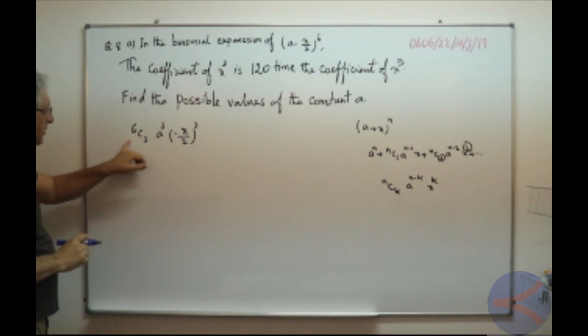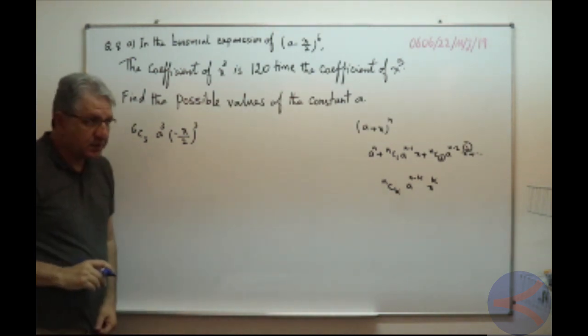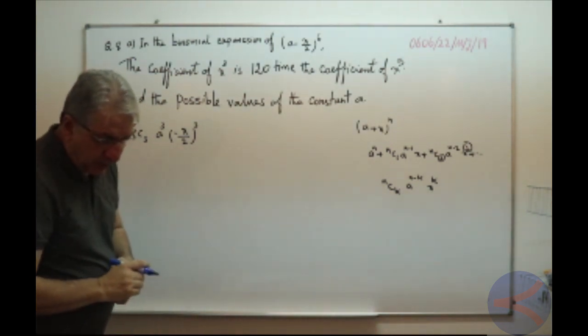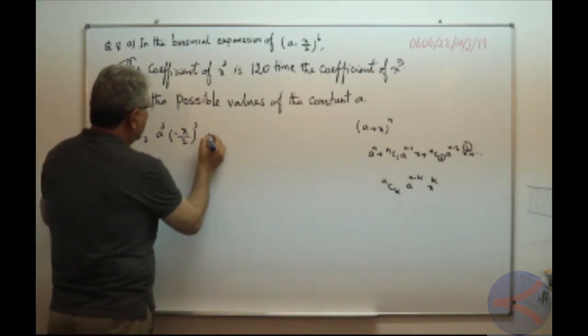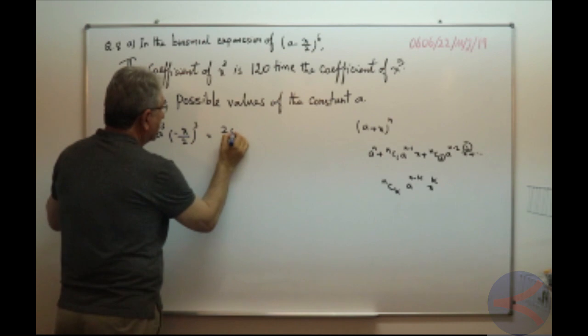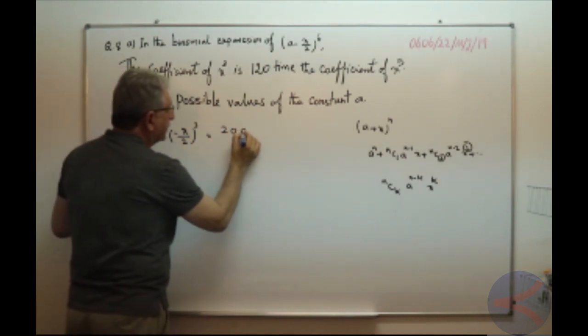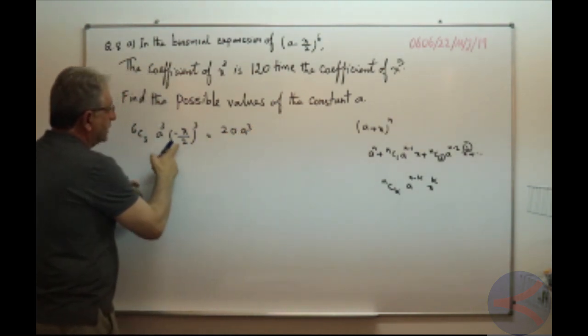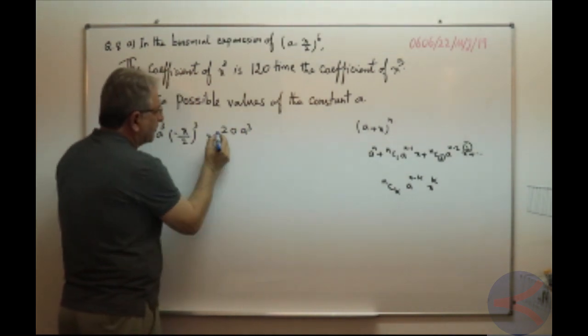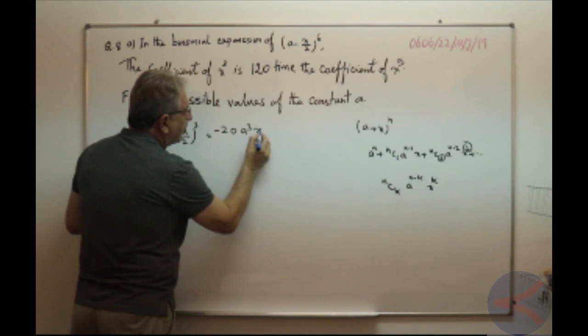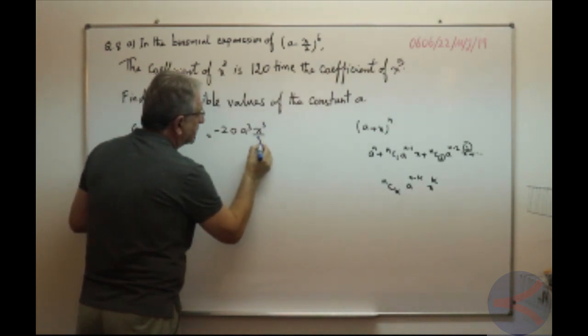Now I'm going to simplify this. 6C3 is actually 20, so this is 20 a to the power of 3, and here it will be minus, since negative to the power of 3 is negative, x to the power of 3 over 8.